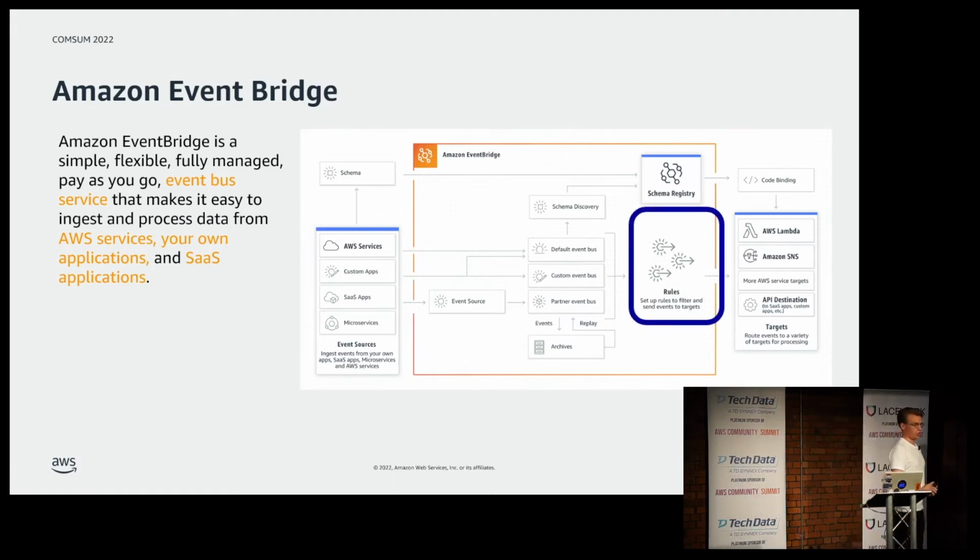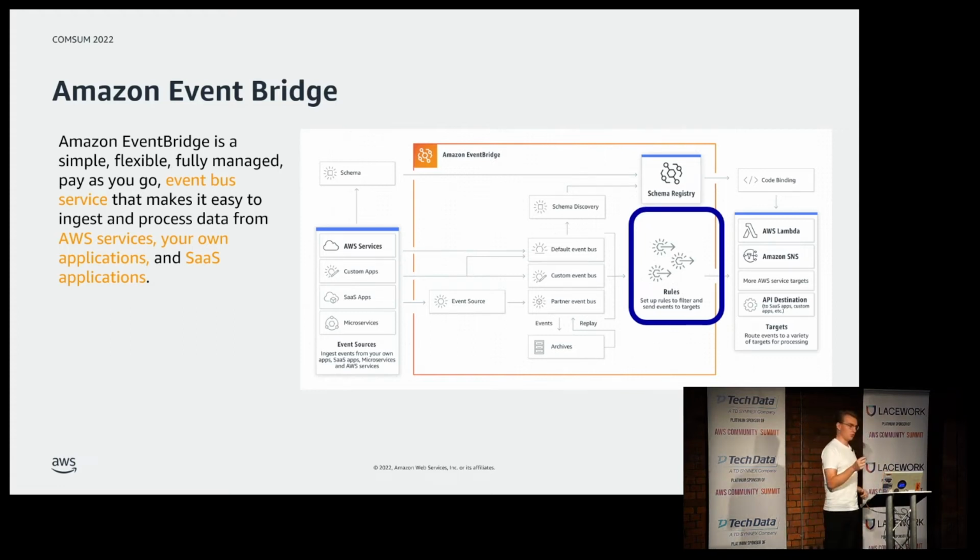What about the consumer side? Consumers define rules on EventBridge, and then rules can have targets. Each rule can have up to 5 targets, and each bus can have up to 300 rules. These targets can be things like Lambda, things like SNS. You can make custom HTTP API calls from EventBridge.